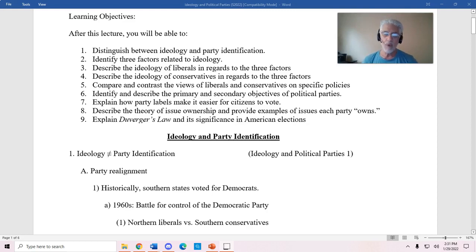The first thing I want to point out is that ideology and party identification are not the same thing. If you fall between the ages of 18 to 25, it's understandable that you might think that party identification and ideology are the same thing.